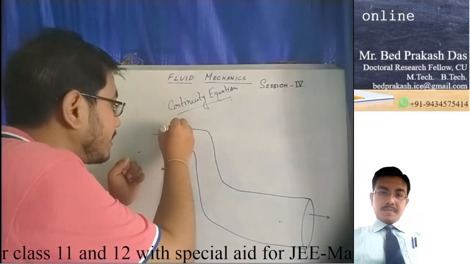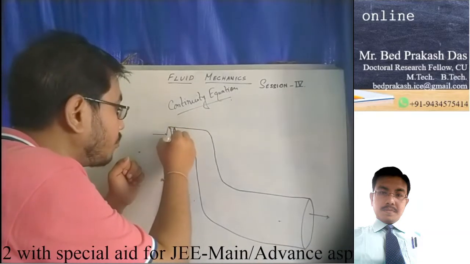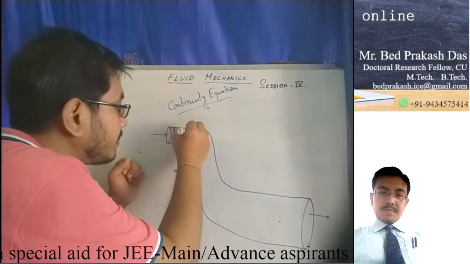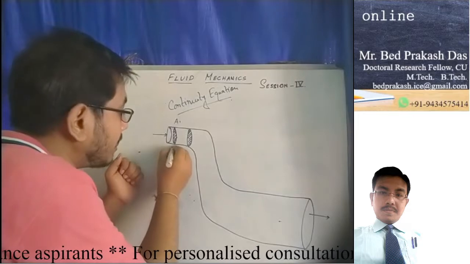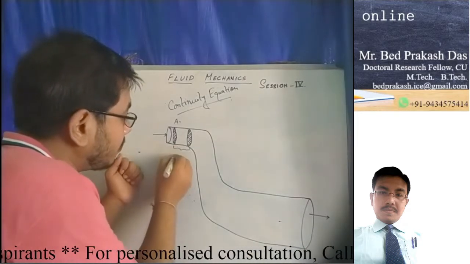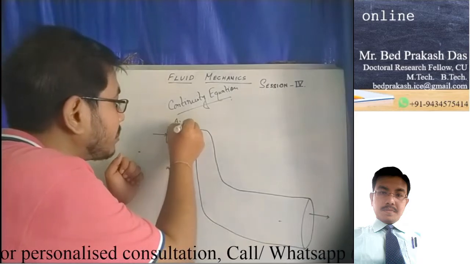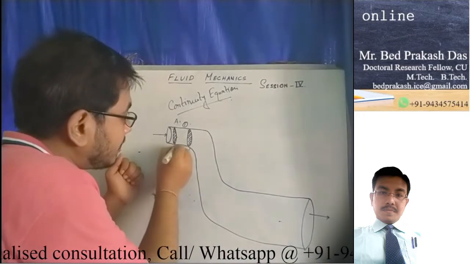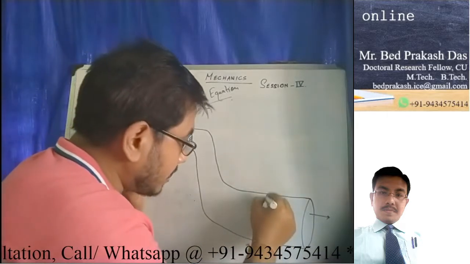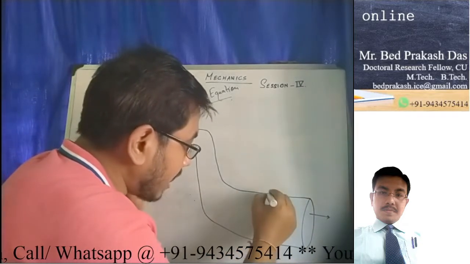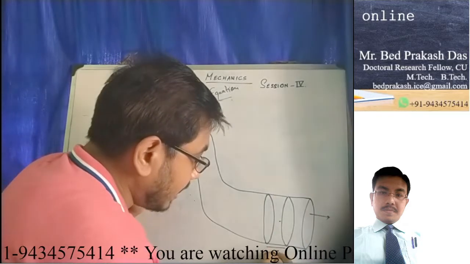Consider that here the cross-sectional area through which the fluid is entering is say A1, and we are choosing a section of length L1. This is section 1 having the length L1, and we are choosing a section in this outlet section of length say L2.